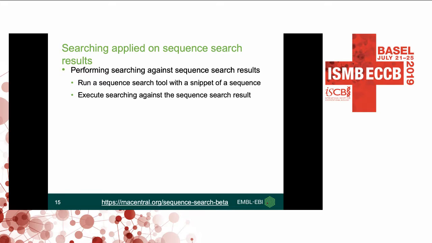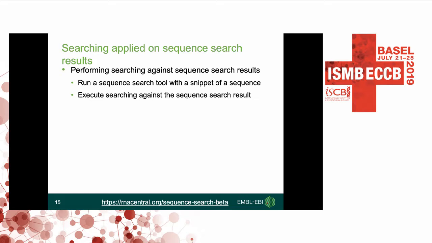And this is the last API I would like to talk about today, searching applied on sequence search result. As I mentioned, this is a very new and very experimental API. This is the outcome of collaboration work we've done with RNA Central in EBI. The RNA Central team provides a sequence similarity searching tool on their website.